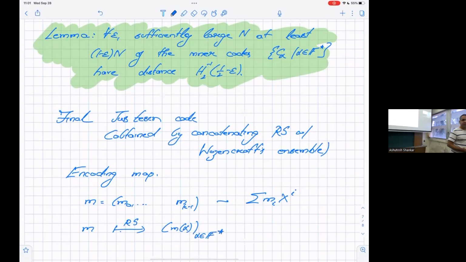What's the next map going to do? It's just going to output m(alpha). Wozencraft, it's just going to give m(alpha), alpha m(alpha).